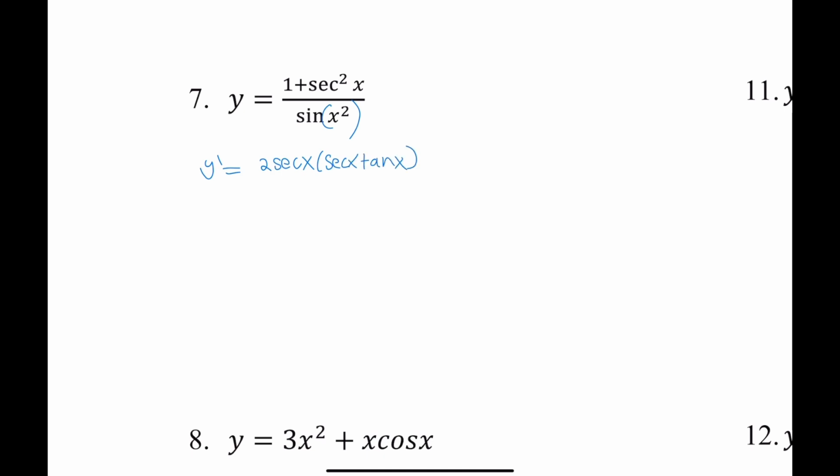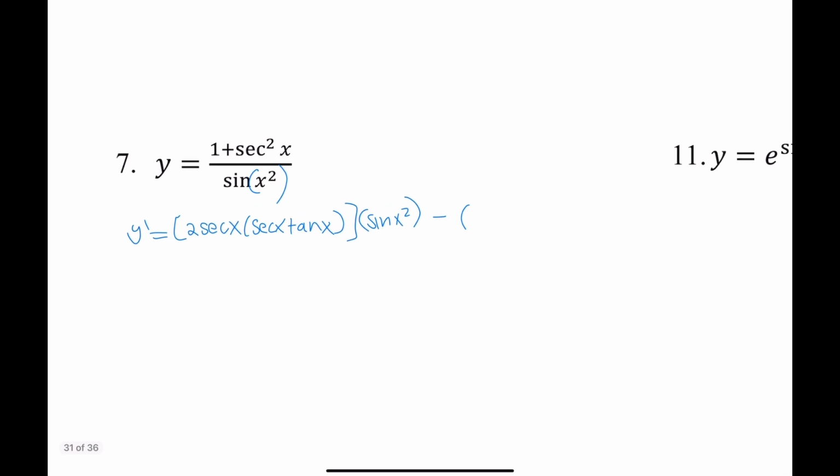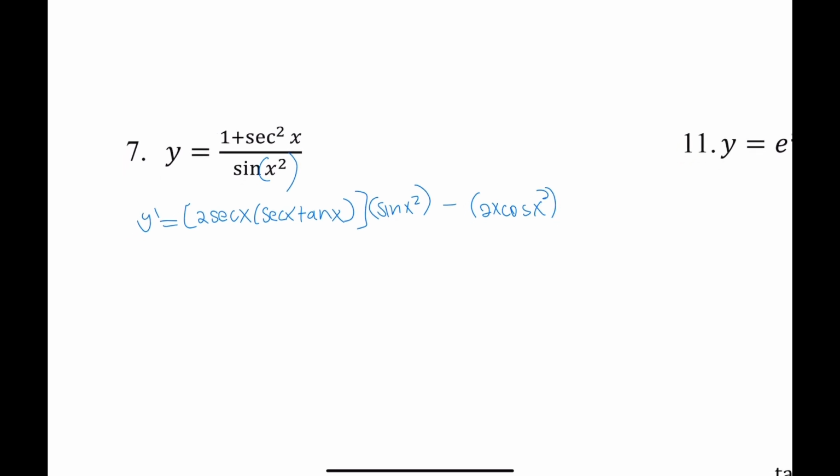And then that times sine x squared, minus the derivative of sine x squared, which would basically be 2x cosine x squared, and then 1 plus secant squared x, all over sine squared x squared.